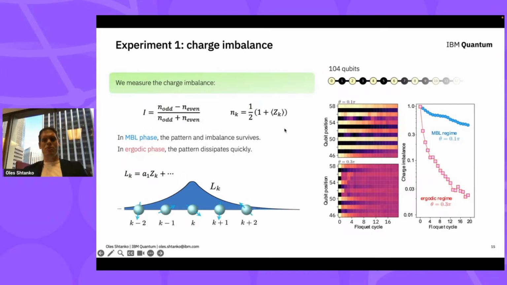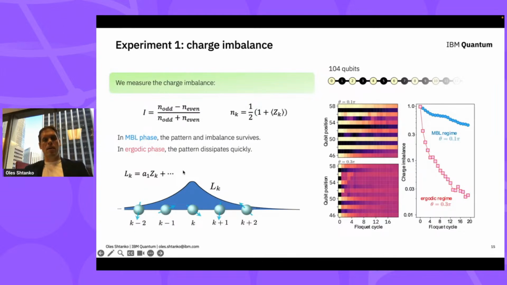What you see on the right is what you can define as a charge imbalance, which is just the difference between expectation values on odd and even qubits. It's a good single number that quantifies how your evolution happens, how ordered it remains over time. Again, we see a very hard distinction, and what's important is that this preserving order gives us hints that we have hidden integrals of motion in the system.